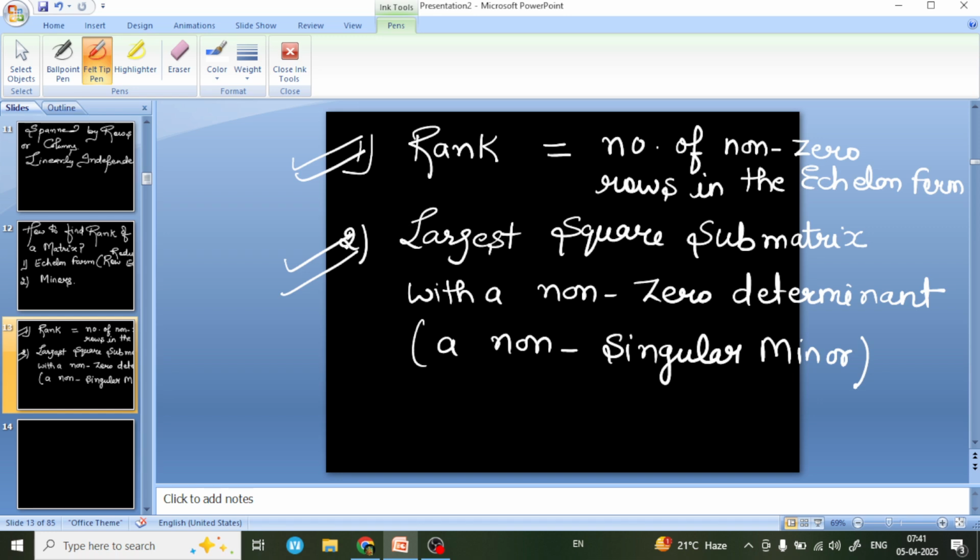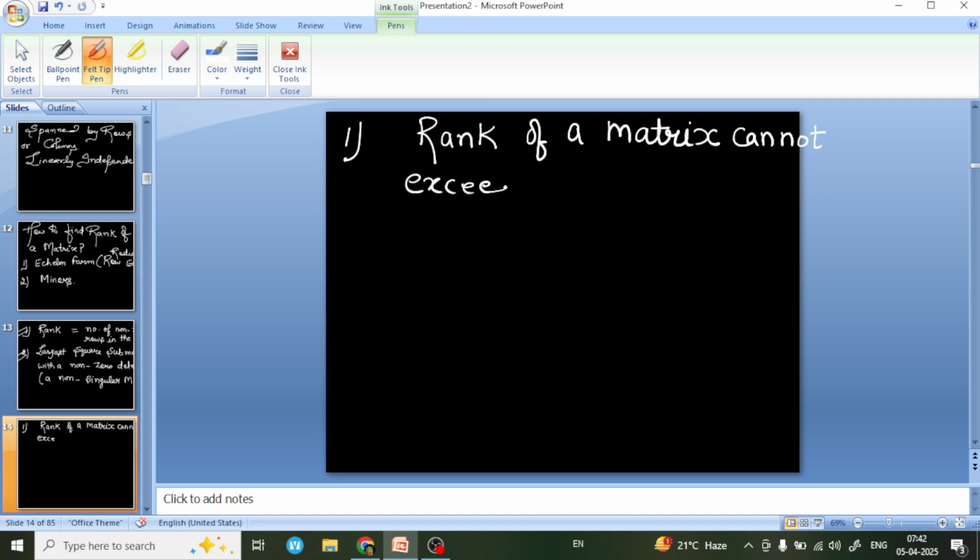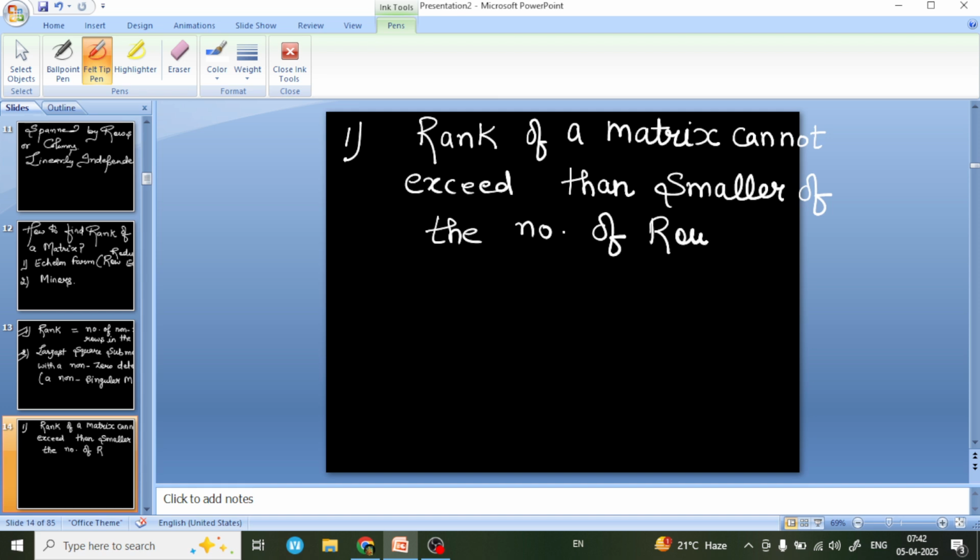Second, a zero matrix has a rank of 0. You have to keep in mind that first, the rank of a matrix cannot exceed the smaller of the number of rows and columns.